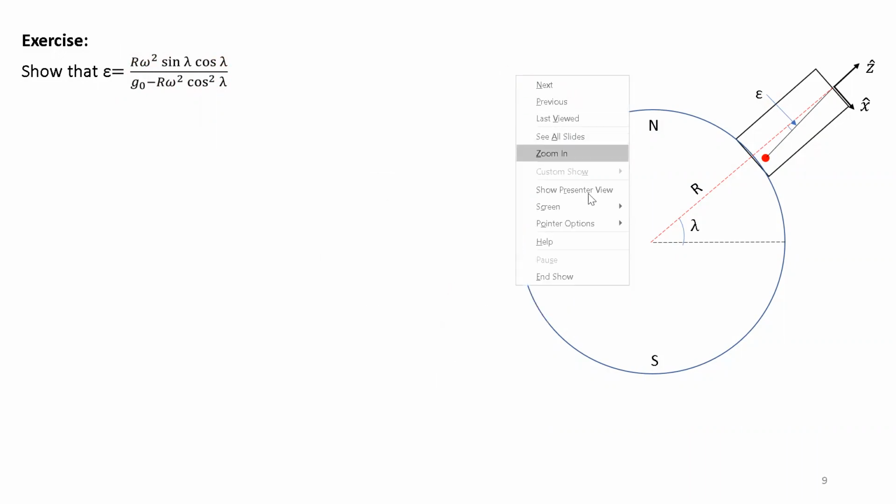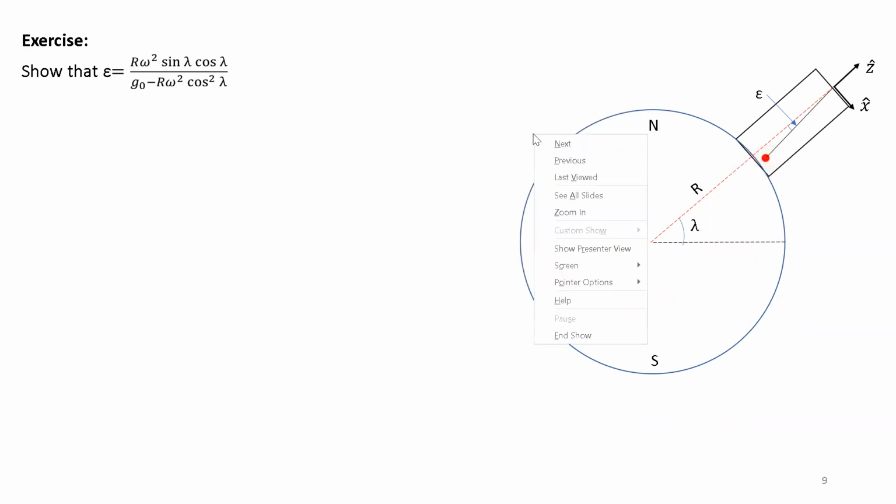If you want to solve this problem, what you need is to find the total effective force acting on this particle. What would this line be telling you?